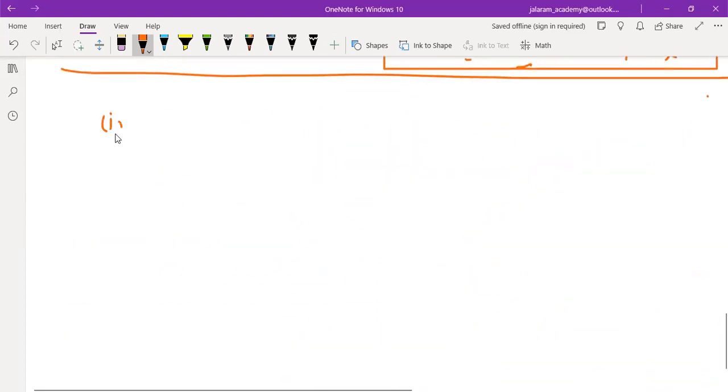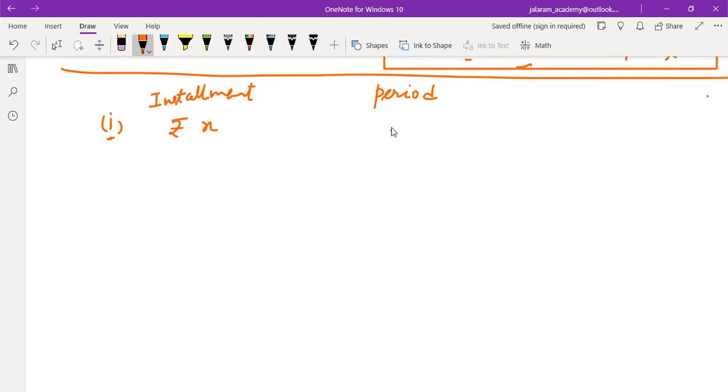So for installment number one, we are depositing rupees X. So it will remain inside the bank for a period of how many months? As we are depositing for n months, it will remain inside the bank for a period of n months.